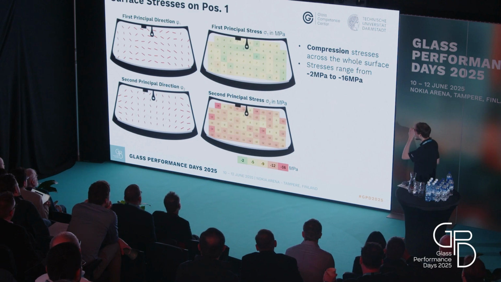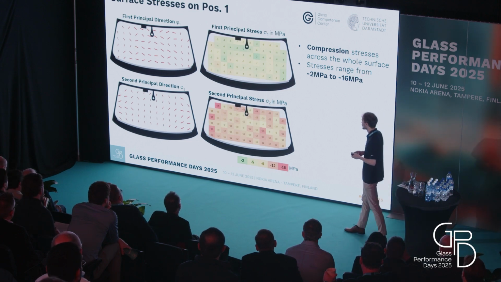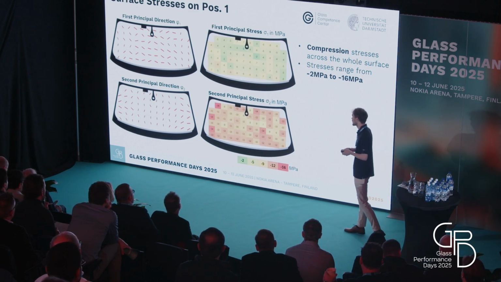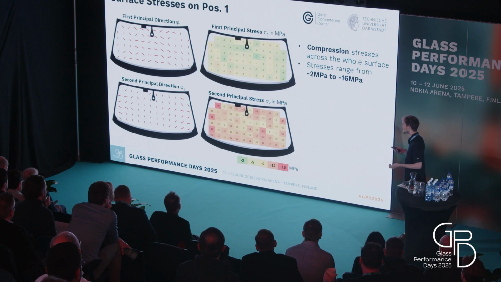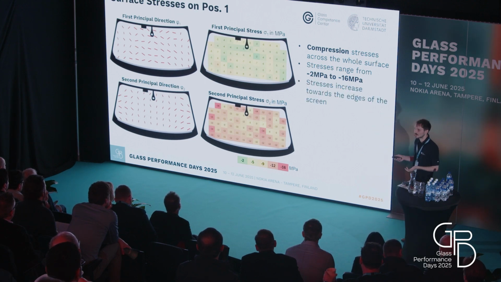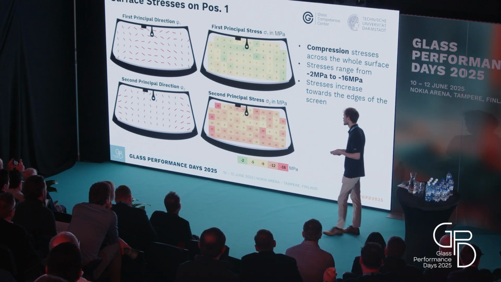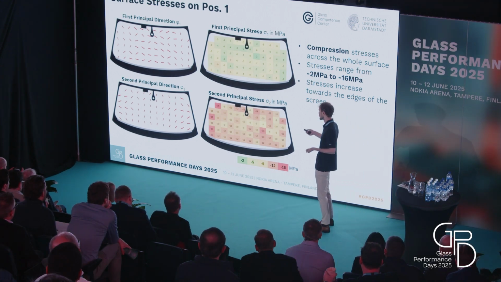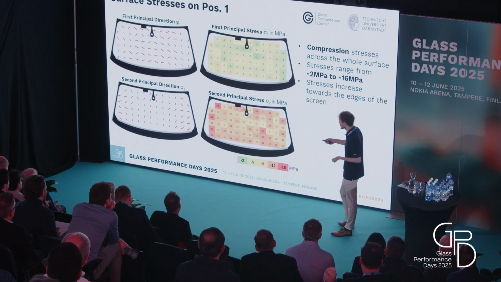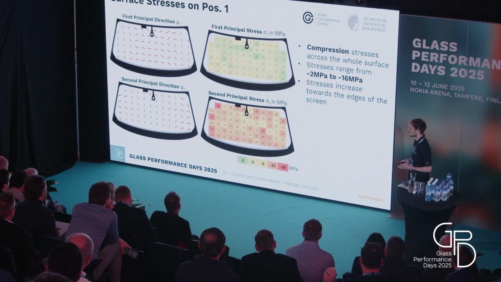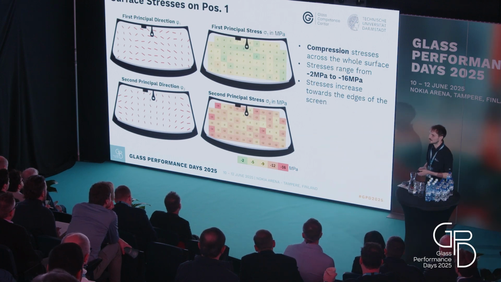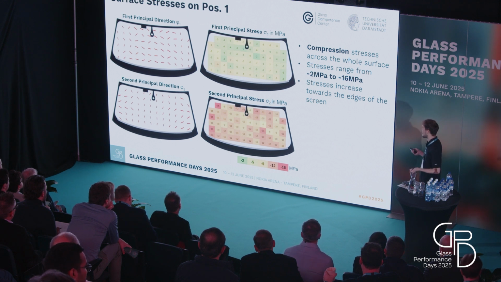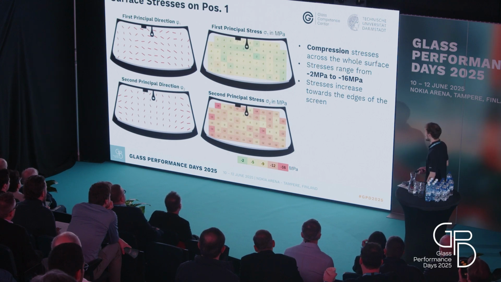These stresses range from -2 megapascals down to -16 megapascals, and they tend to increase from the middle to the edges. Here in the middle, for the second principal stresses, we are around, let's say, -10 megapascals, and up in the edge corner area, we get these -60 megapascals. In the middle, they tend to be a little bit more isotropic, and towards the edges, they are more aligned.